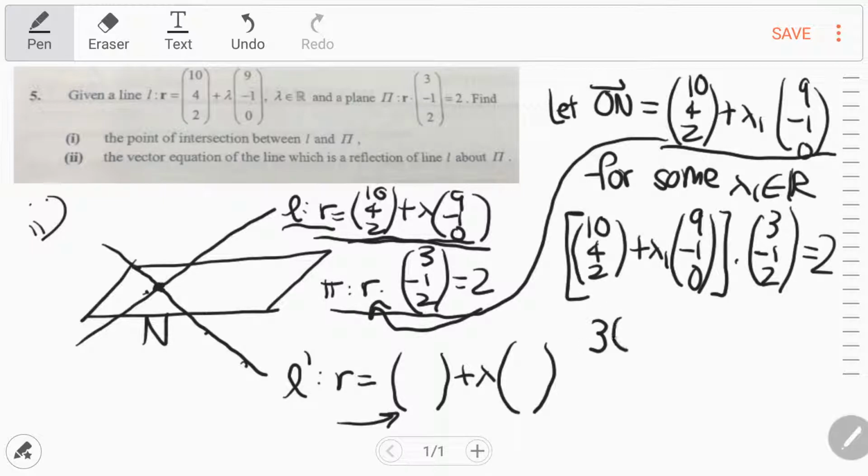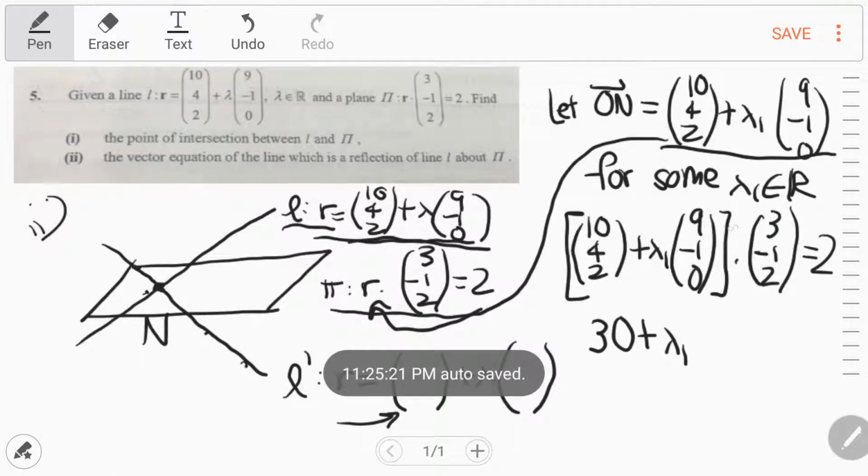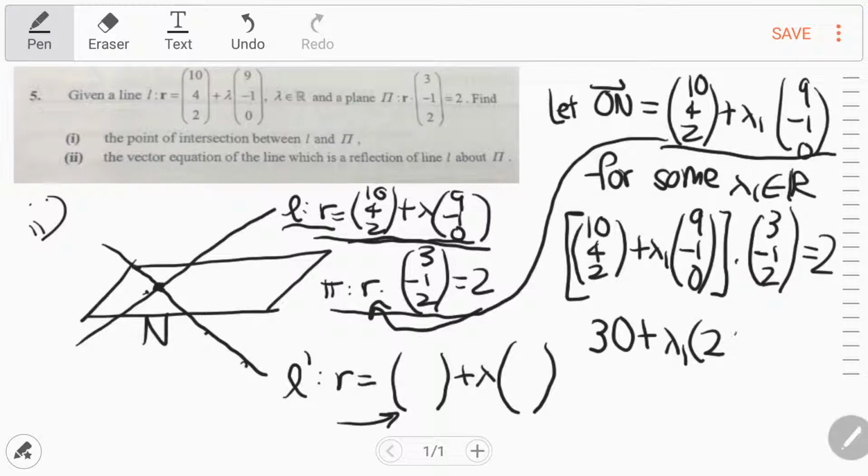So it will just be 30 plus lambda 1 times, 9 times 3 is 27, 27 plus 1 is 28, so 28 lambda 1 equals 2. So minus 28, lambda 1 equals minus 1.